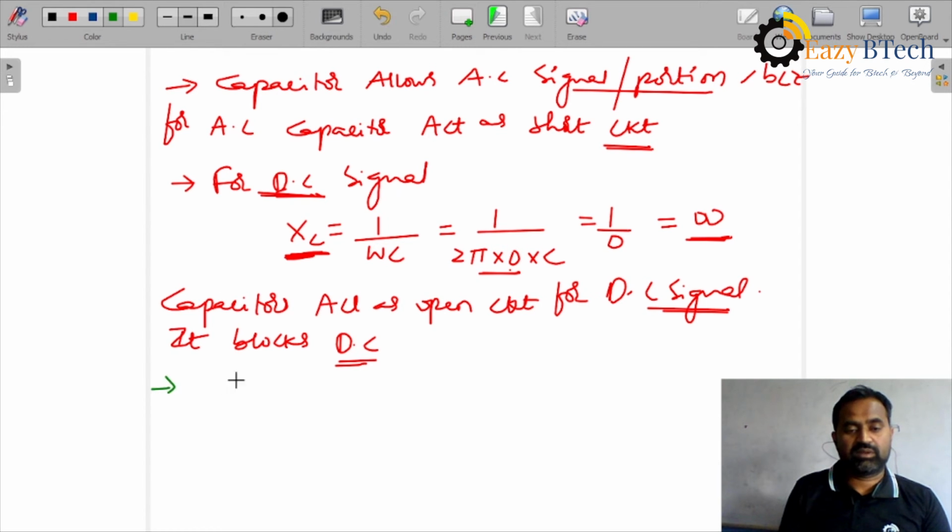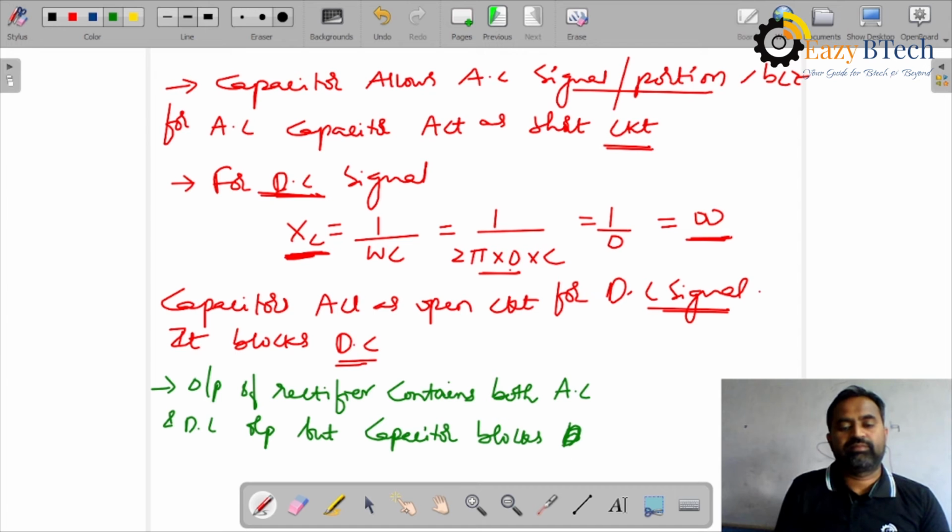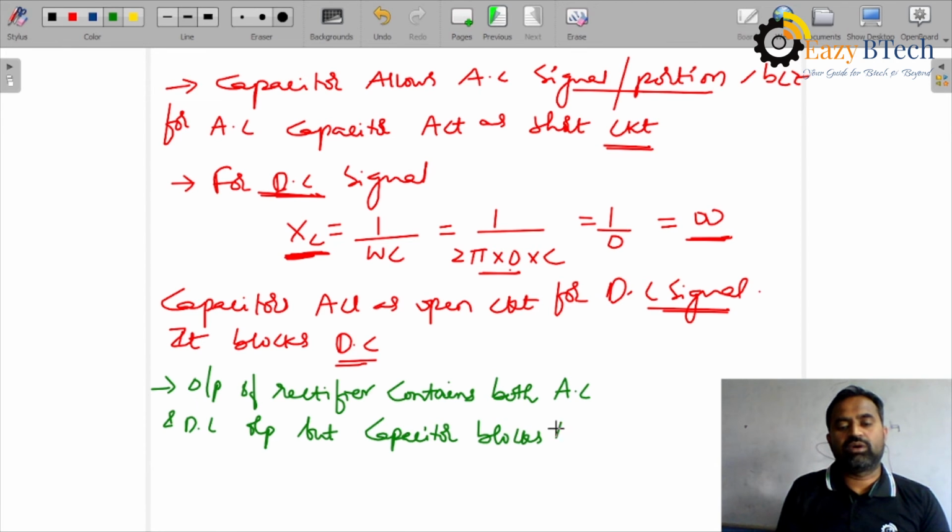Okay. The output of the rectifier contains both AC and DC output, but the capacitor blocks the DC signal and allows the AC signal.